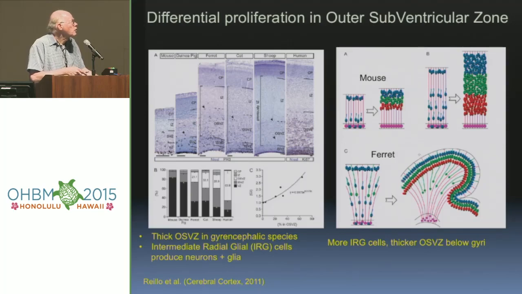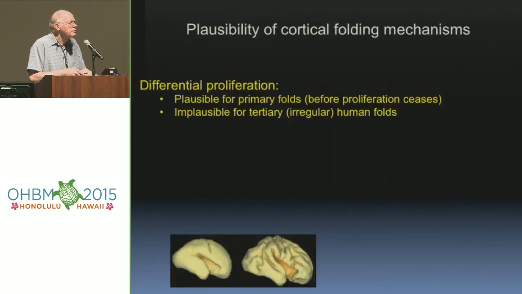This has the strongest experimental evidence in the developing ferret, where the regions that have an expanded outer subventricular zone also have a major proliferation of intermediate radial glial cells that produce neurons as well as glia. These tend to be concentrated underneath regions that emerge into gyral regions, so the outer subventricular zone is not uniform in its pattern of proliferation.